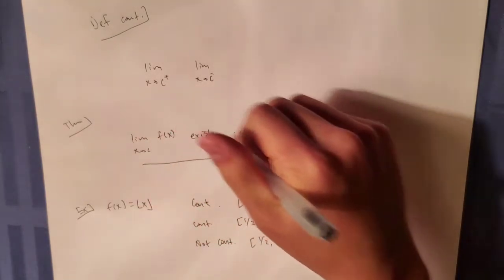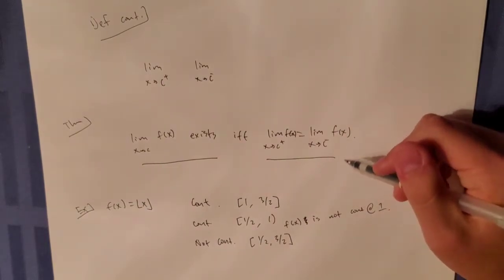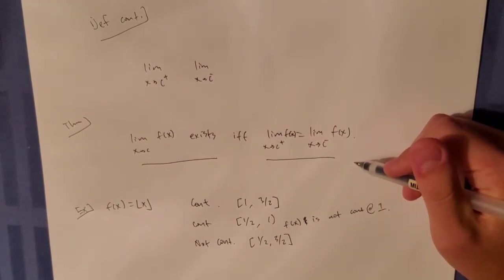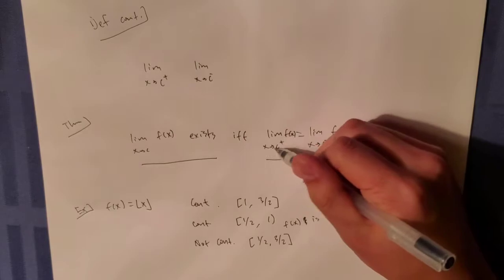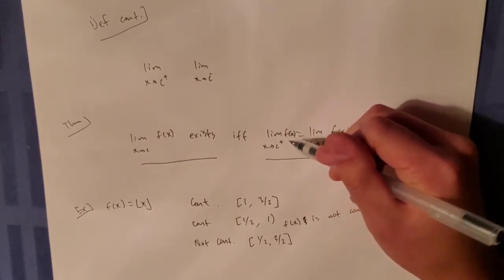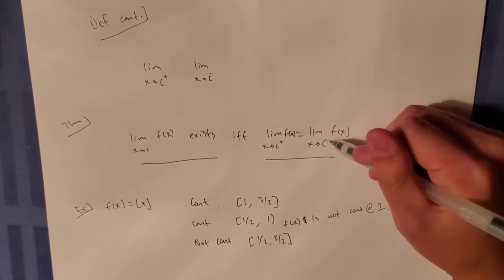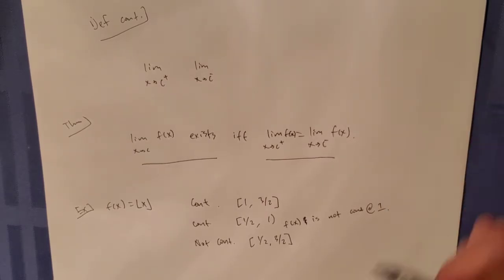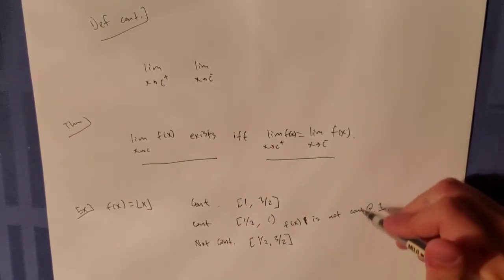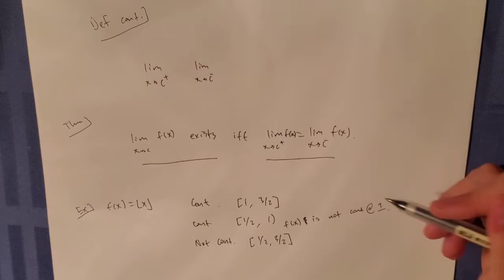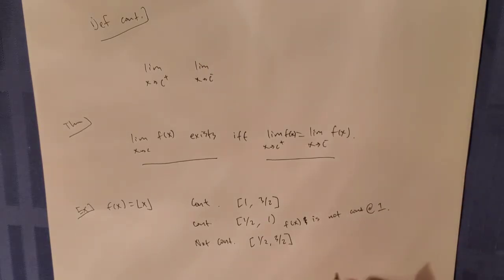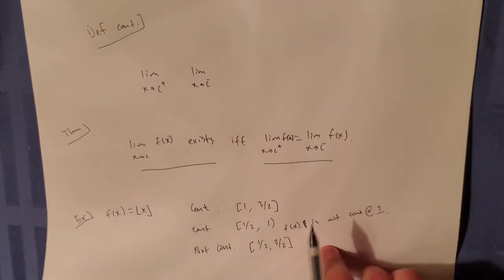Because of our theorem here, from the right, f of x approaches 1. The limit as x approaches 1 from the positive side is 1, and the limit as x approaches 1 from the negative side is 0. So therefore, the limit as x approaches 1 of f of x does not exist. Okay.